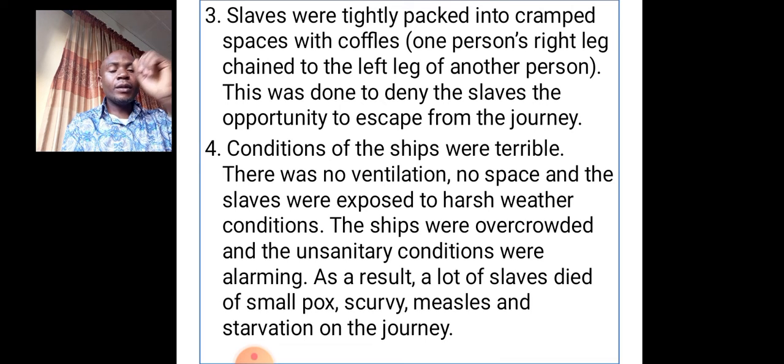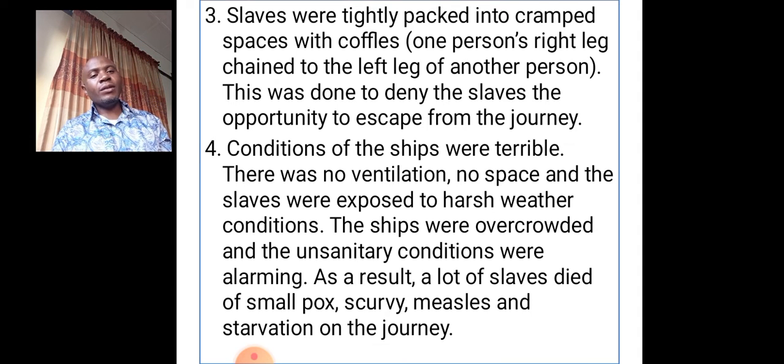Fourthly, the condition of the ships was terrible. There was no ventilation, no space, and the slaves were exposed to harsh weather conditions. The ships were overcrowded. You can imagine that. And the unsanitary conditions were alarming.